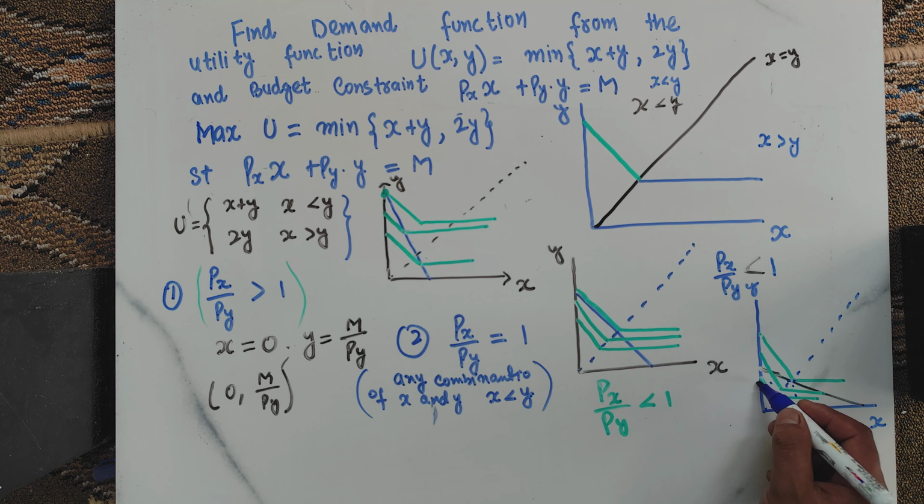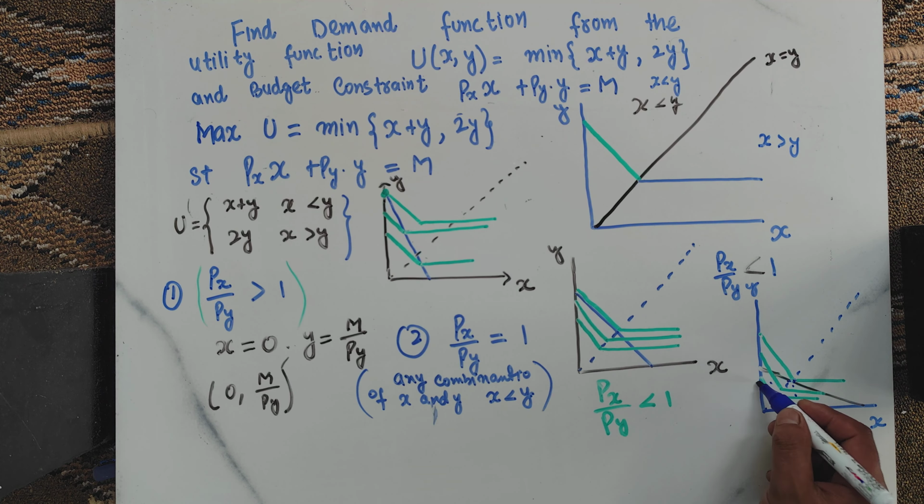Okay, so for that, how do we write the optimal point? Since we know that x is equal to y, let us plug it into the budget constraint. Since x is equal to y at this point, we have price of x into x plus, since x is equal to y, py into x is equal to m.